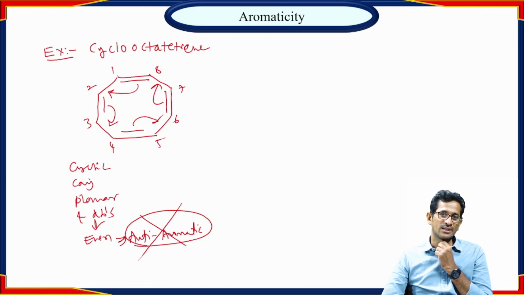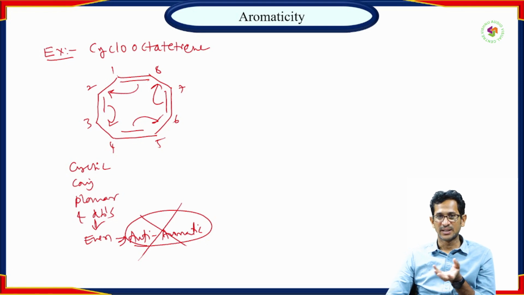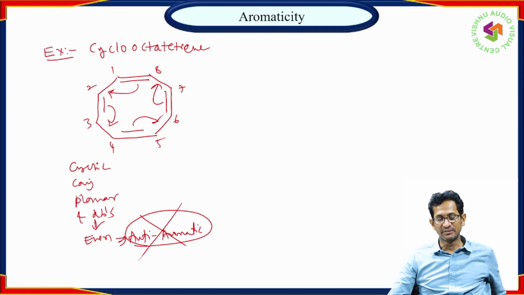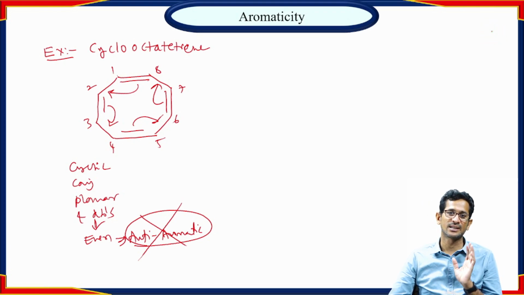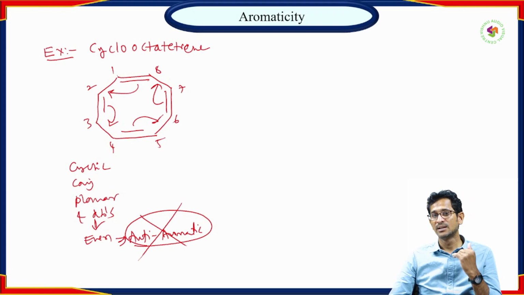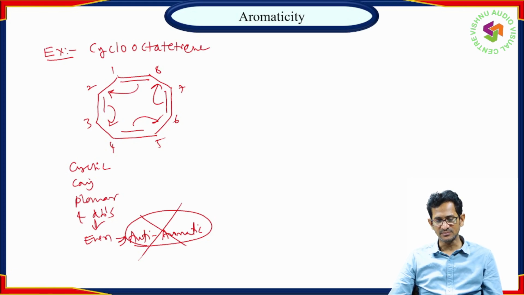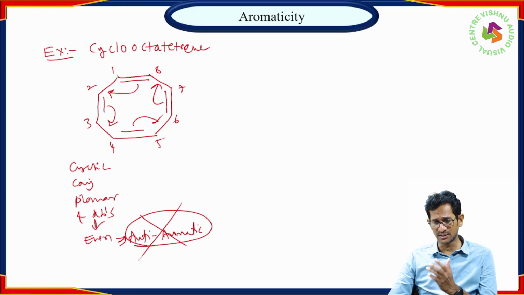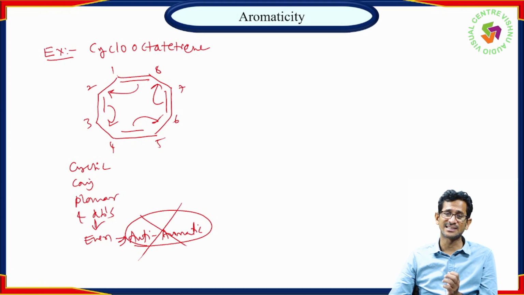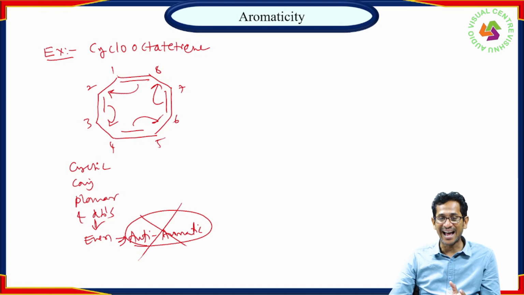According to our discussion from the start of aromaticity, if a compound satisfies the 3 conditions and has an even number of double bonds, it comes under the classification of anti-aromatic compounds. According to that, cyclooctatetraene is an anti-aromatic compound, but practically it is not.